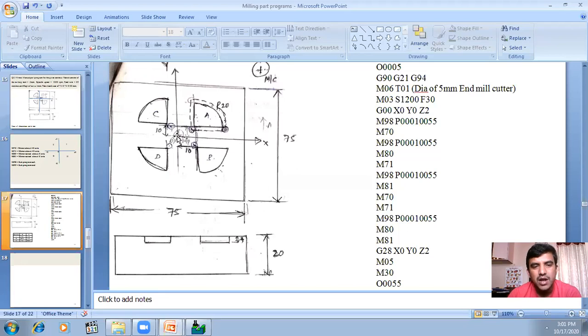From the center of the workpiece you draw a horizontal line, that is the x-axis. From the center you draw a vertical line, that is the y-axis. Right. So the origin of the workpiece is at the center of the workpiece, that is x0, y0, z0. Clear? Now you study this geometry here.